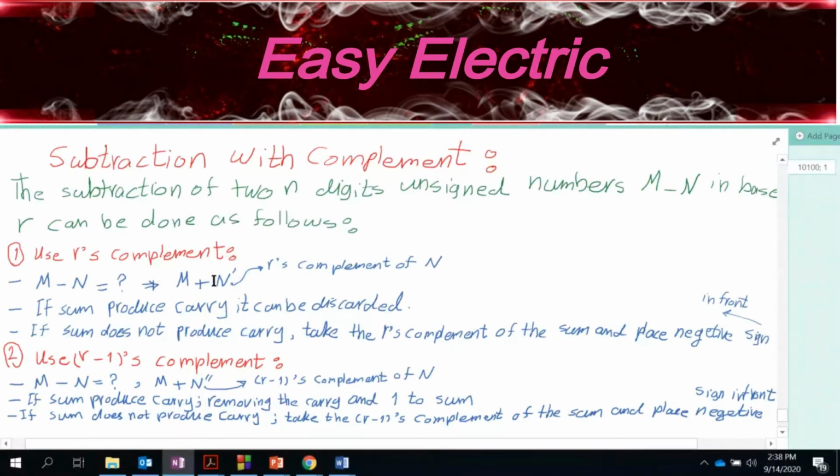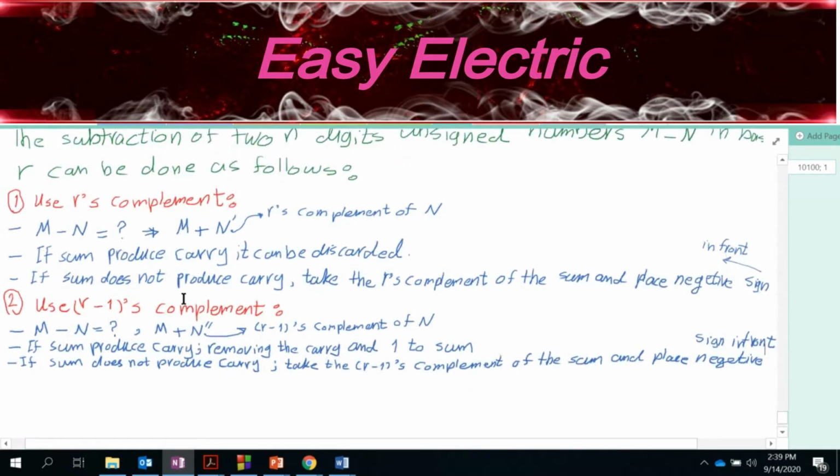Whatever you got as the result of this sum is m minus n. You will see it works. If the sum does not produce a carry, that means carry is 0, you need to take the r's complement of the m plus n prime result and put the negative sign in front. This is for using the r's complement.